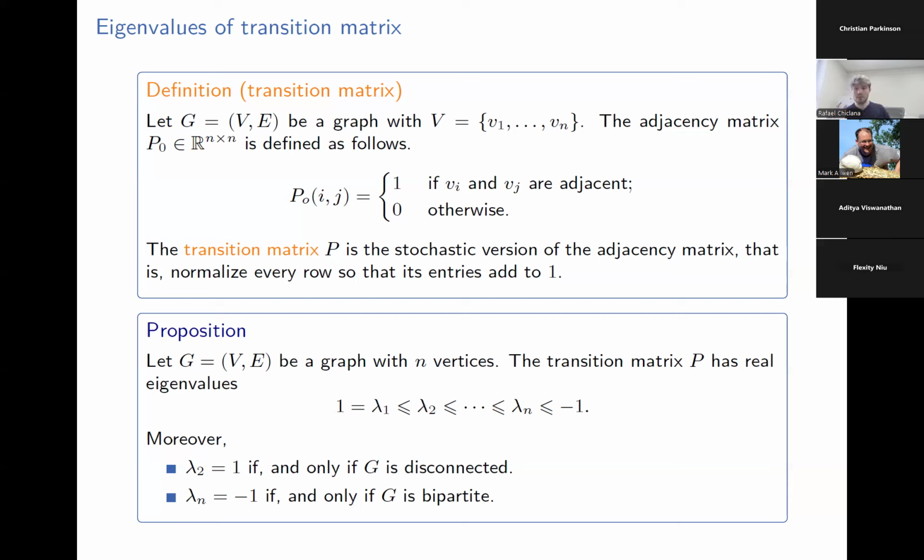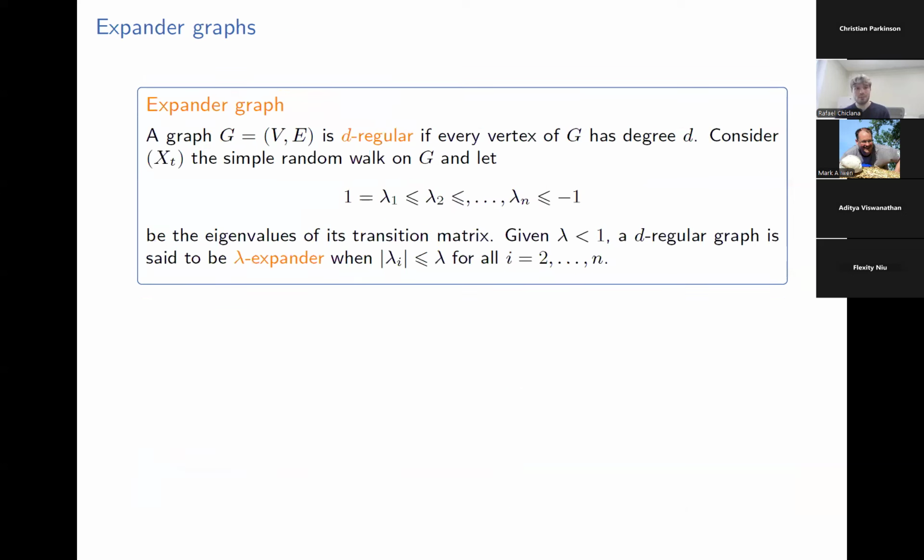Those graphs, the graphs for which the eigenvalues in absolute value are small, are called expander graphs. And just for convenience, let's take regular graphs.